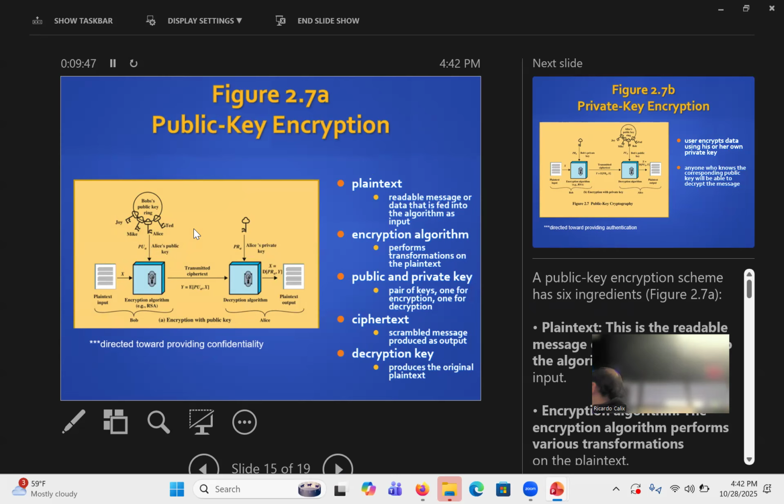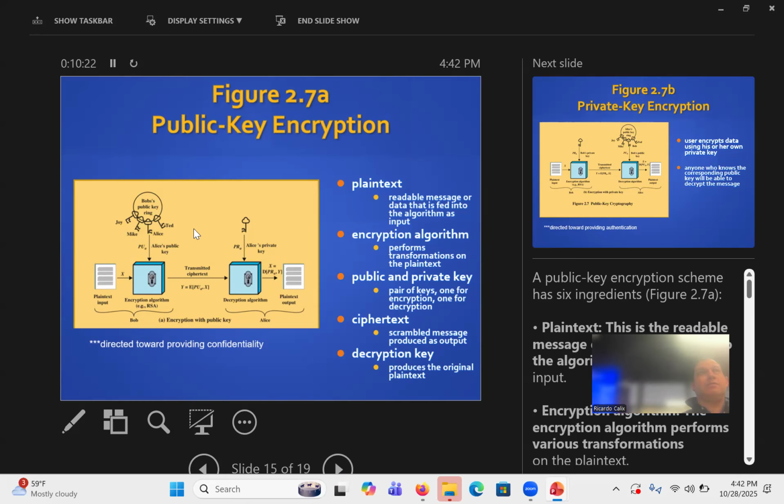These are their public keys, because we are trying to achieve what it says down here: directed toward providing confidentiality. So we're going to use, let's say, Alice's public key to encrypt and send it over the insecure internet. Then the decryption algorithm, which we also know, is at Alice, so she uses her private key, and now we obtain the message. Okay, so that's that scenario.